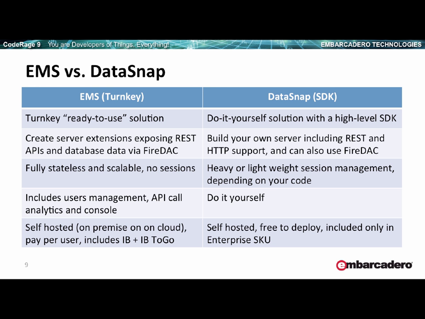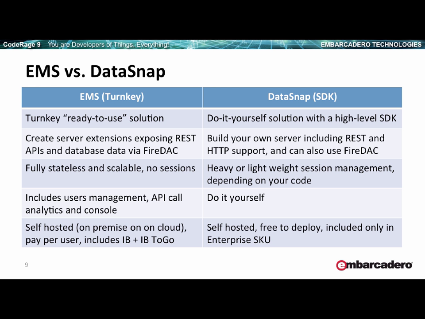EMS, on the other hand, as we talked about, is a turnkey ready-to-use solution. You saw how easy it was for me to create a new resource, deploy it, and connect into it. The approach you just saw was creating server extensions, which expose these REST APIs or data access through FireDAC via these standard REST APIs. So EMS uses standard REST and JSON, which means it's fully stateless.